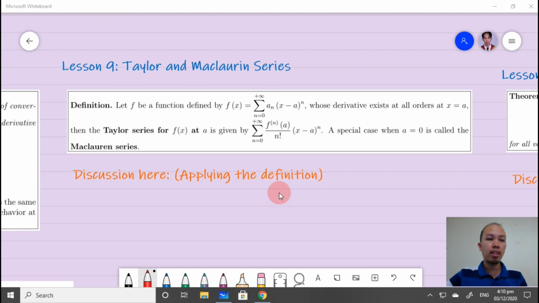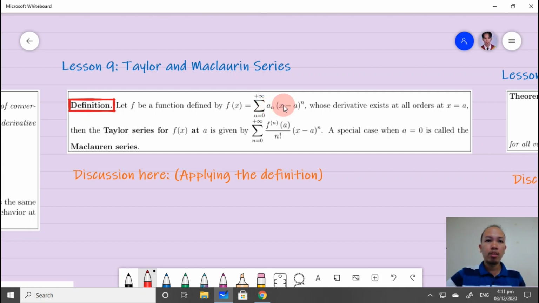Okay, for our first definition, as you can see here, the definition of the Taylor series. You are given a function f of x which is a power series. Why is that? It is because in the previous discussion we know that a power series can be defined as a function whose domain is the interval of convergence.